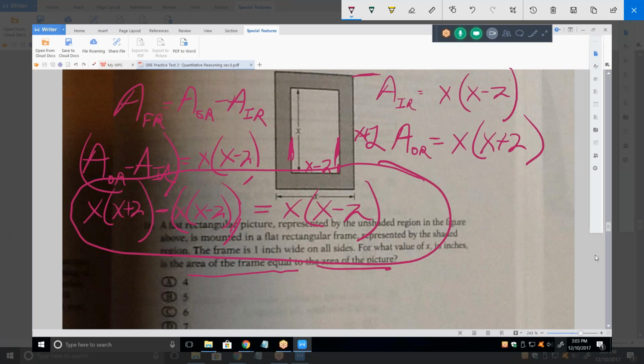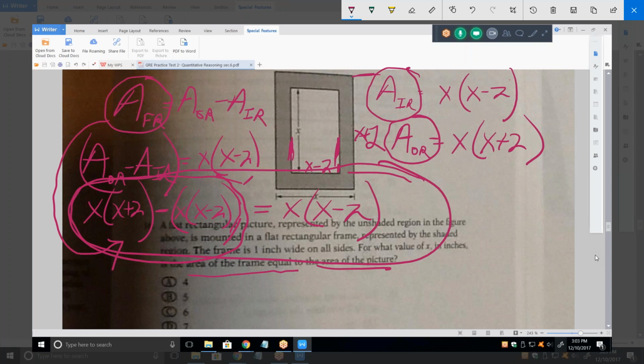Once we did that, then we can figure out the area of the inside rectangle and the area of the outside rectangle. The frame is the difference between the two. So this is the frame. And the difference between the two is that. So this whole thing right here is the area of the frame, and it needs to be equal to the area of the inside rectangle.